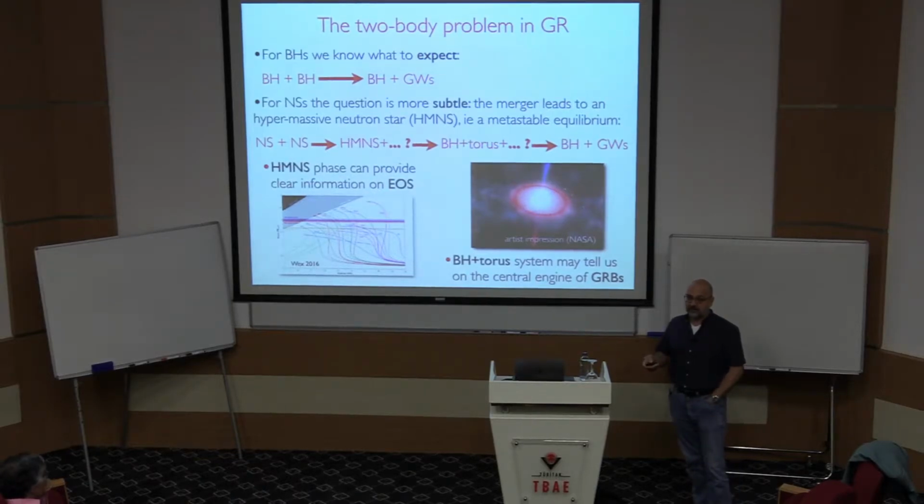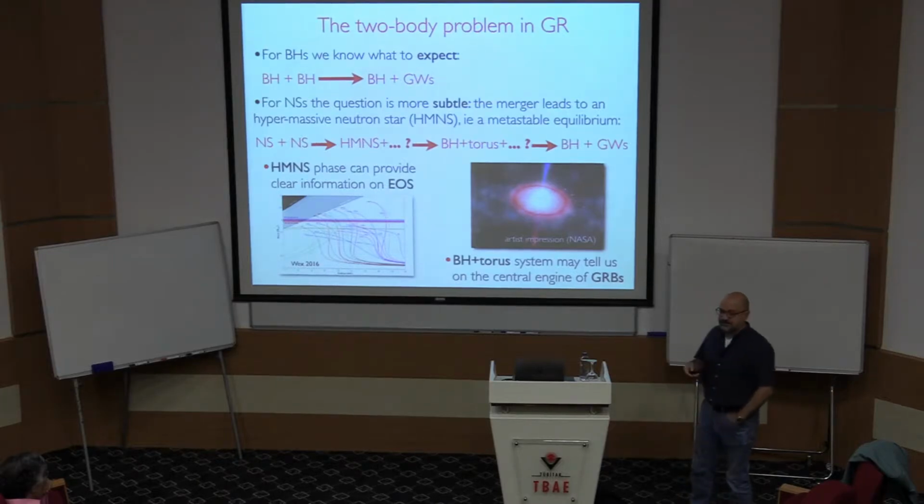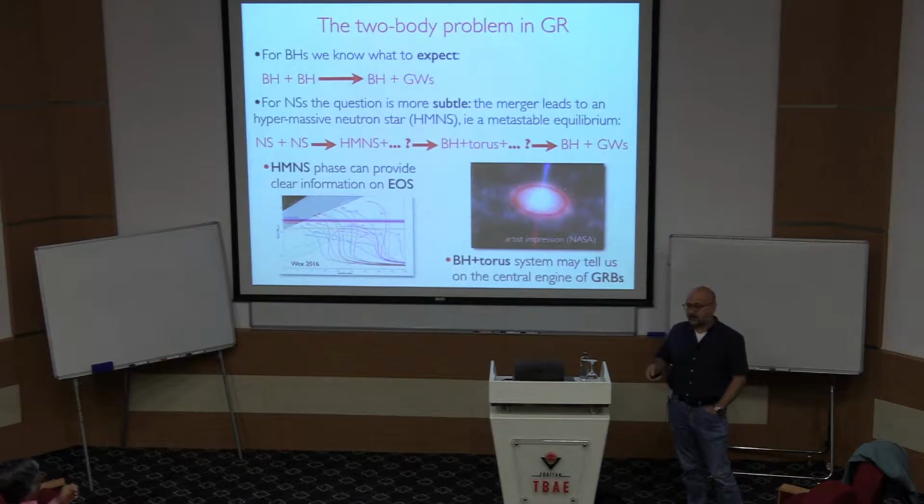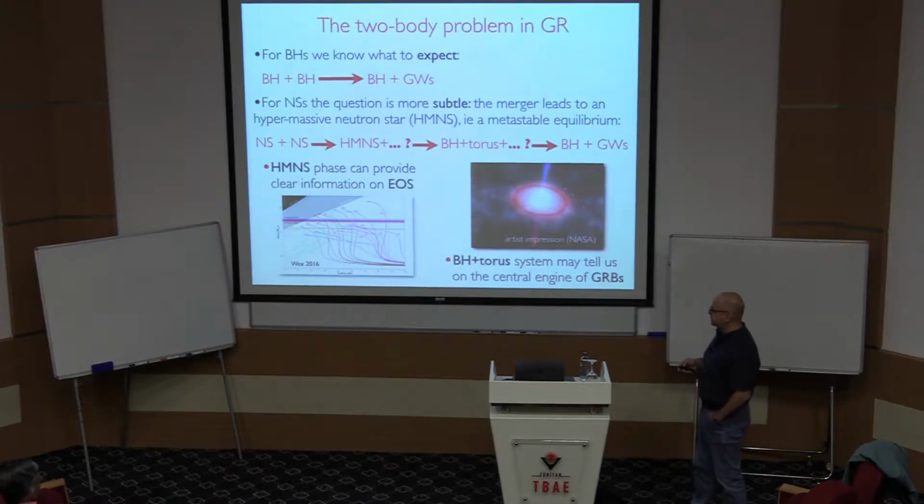What we know now is that short gamma ray bursts are associated with binary neutron star mergers. But we don't know what produces a gamma ray burst. The idea is that there is some ultra-relativistic jet that is produced, but we have no idea how this is actually produced from first principles, and what the physical mechanisms are that are actually powering this process.